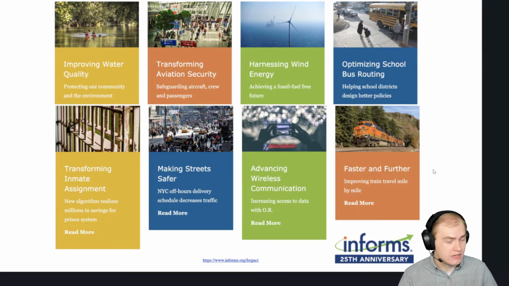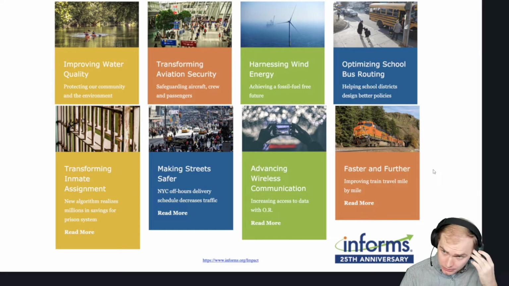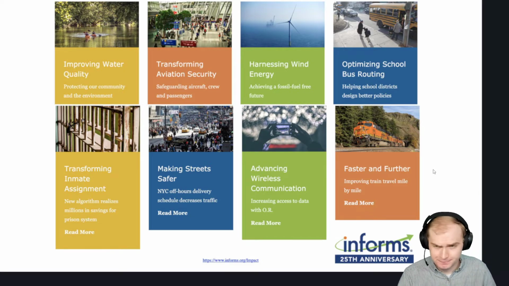The OR there stands for Operations Research. It's a group of OR, management science, information science, just a group. Probably the biggest OR related group in the world, but they have all of these different applications they point out.